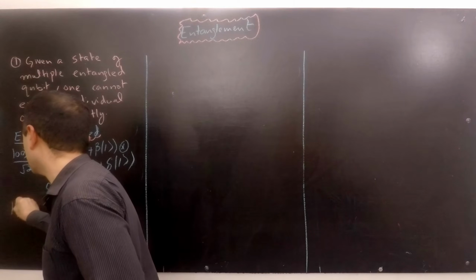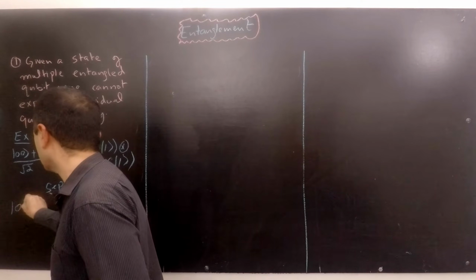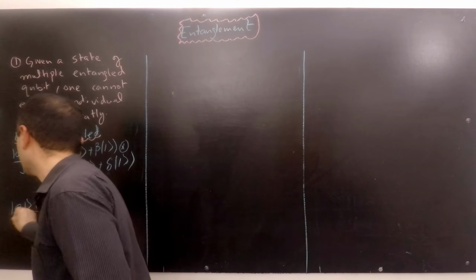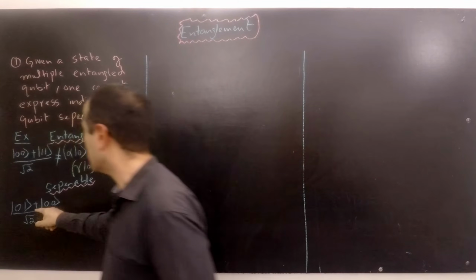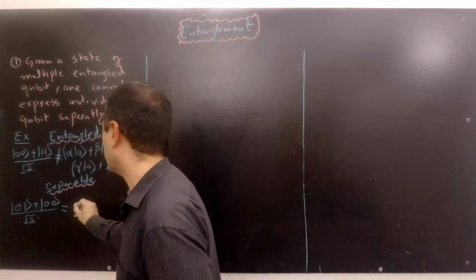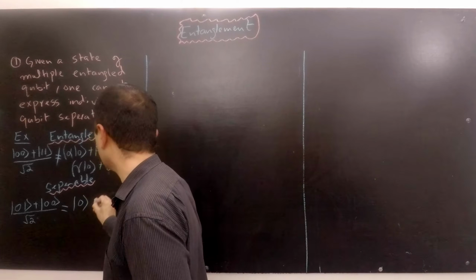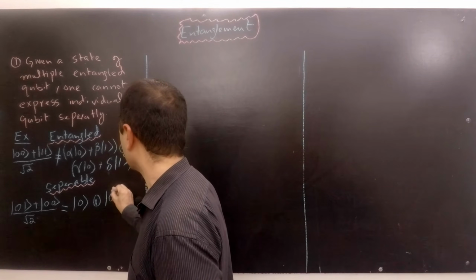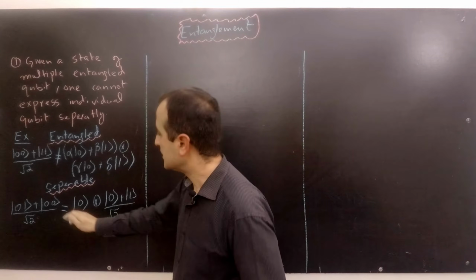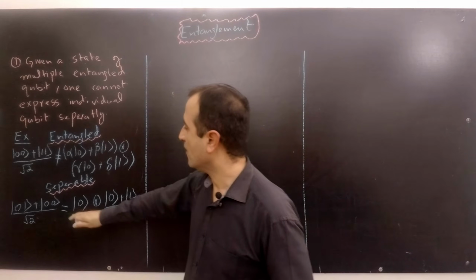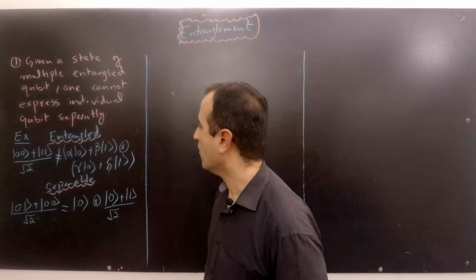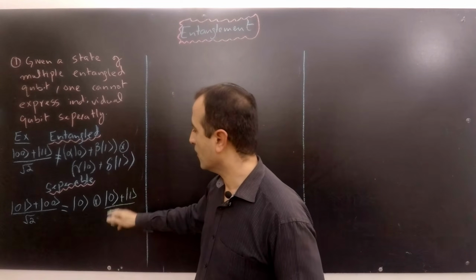An example is that I have qubits ket 01 plus ket 00 divided by square root of 2, and I can express the state of these two qubits separately by ket 0 tensor product with ket 0 plus ket 1 divided by square root of 2. So in the separable case, the value of alpha is 1, the value of beta is 0, and the value of gamma and delta is 1 over square root of 2.